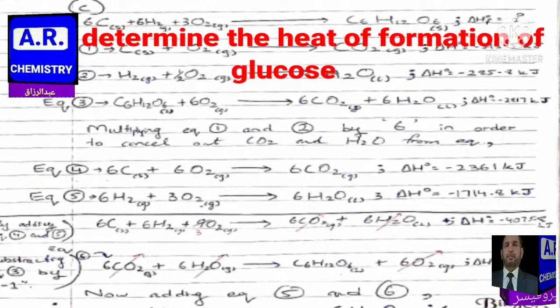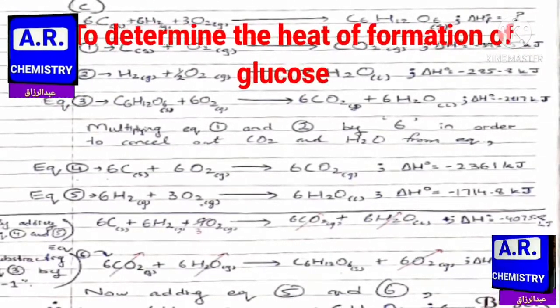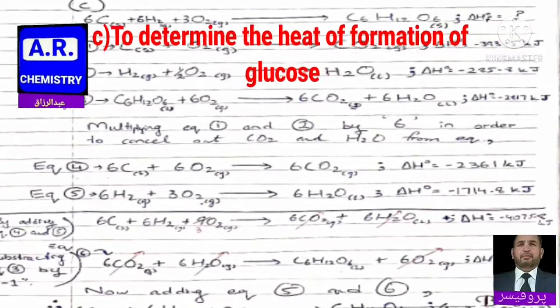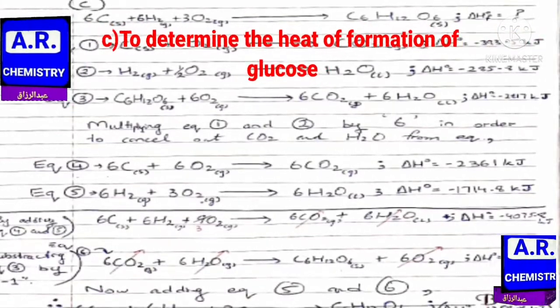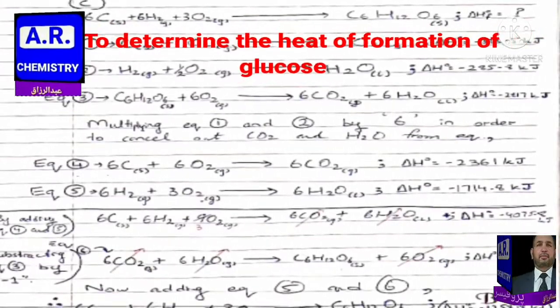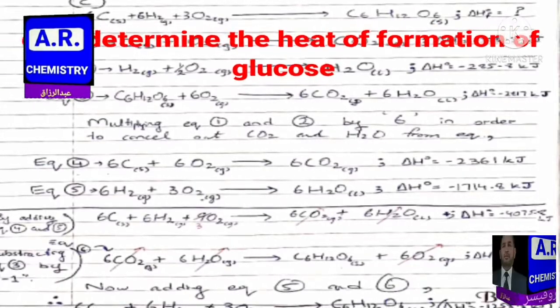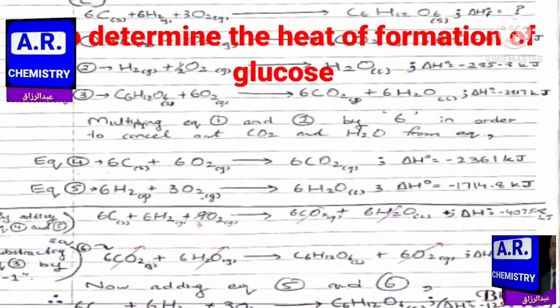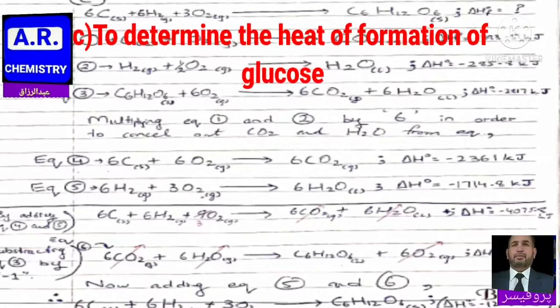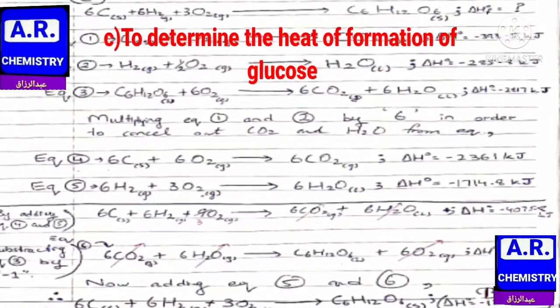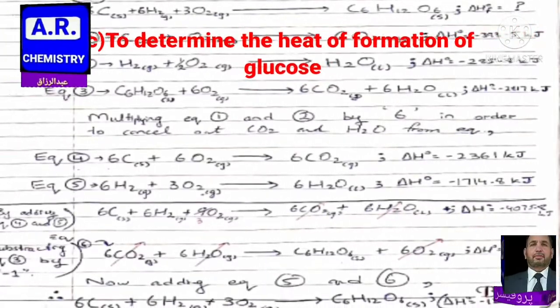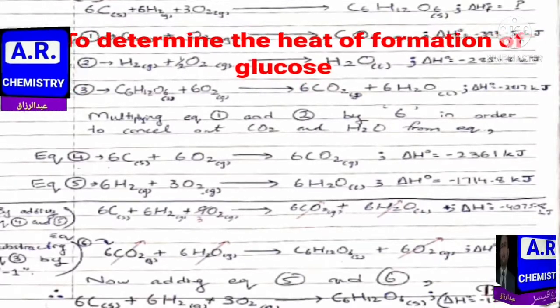You are to multiply 285.85 also by 6, and you get 1714.8 with negative signs. Now you are to add these equations, and also add their heat values.